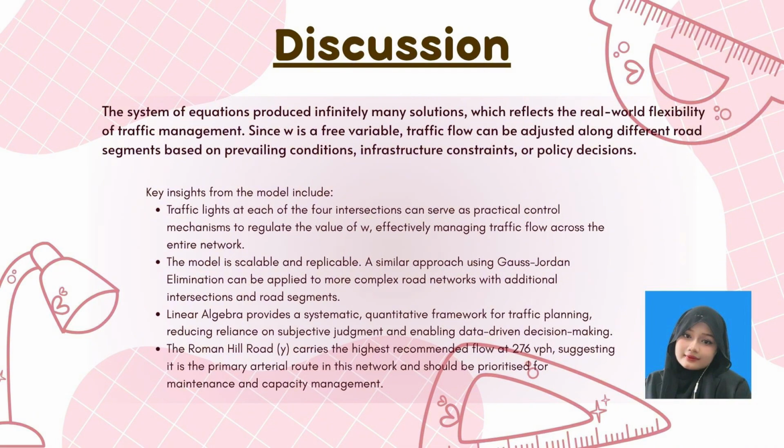It shows that the traffic engineers have flexibility in managing flow. By using the traffic lights at each intersection, the authority can effectively control the value of W and in turn regulate the traffic across the entire network.